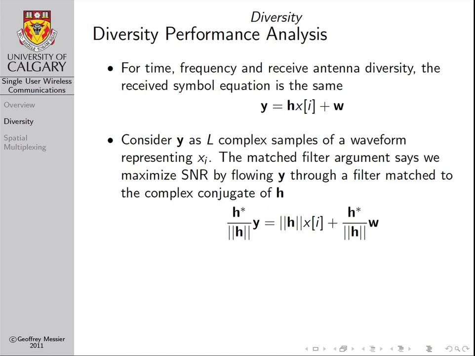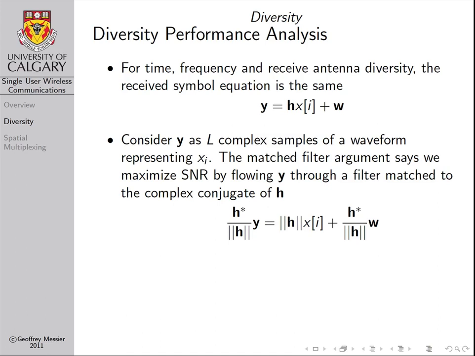So we're assuming that Y represents L complex samples of a waveform that represents our transmitted signal X, right? And so this is an analog waveform that represents a single transmitted signal. And so we know that the way to maximize signal to noise ratio when we have a bunch of samples of a waveform is to run it through a matched filter.